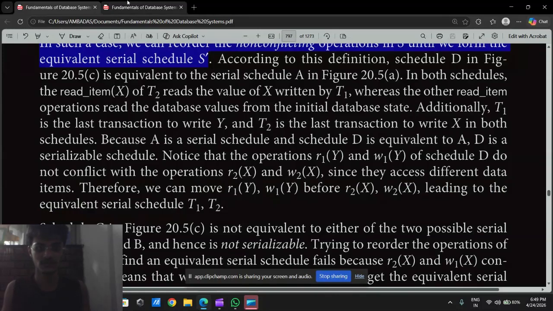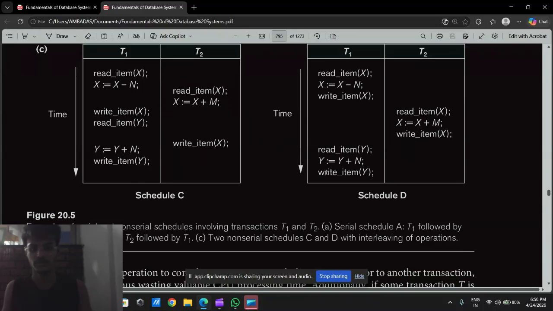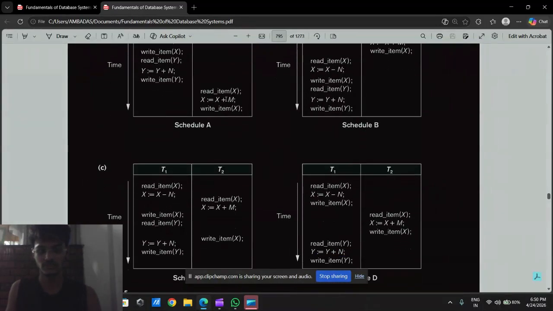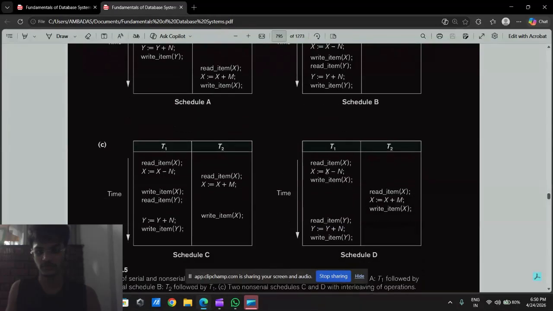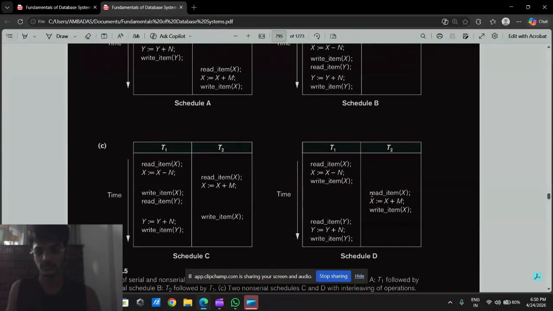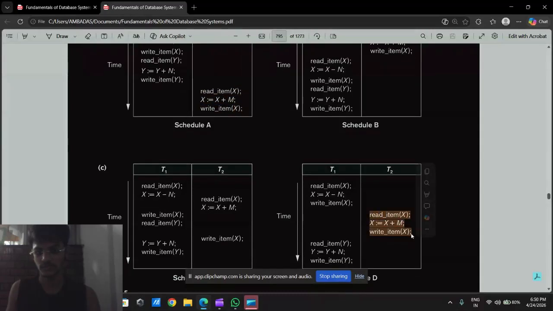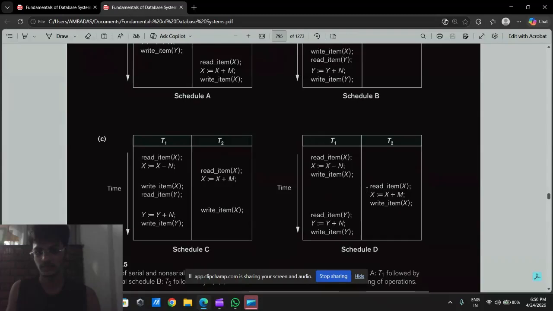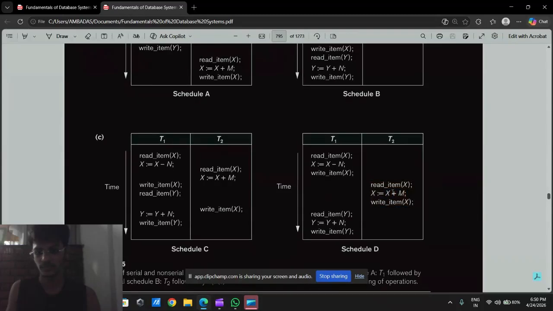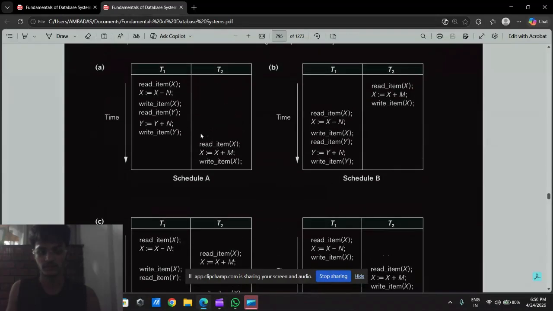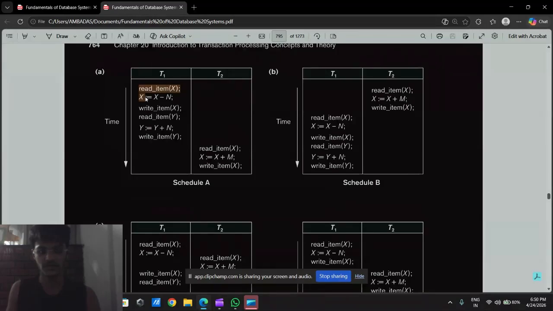As we have seen that both are conflict equivalent, we can move this read item X, basically update transaction T2 below, and we can move this above, and we can finally form schedule A from this.